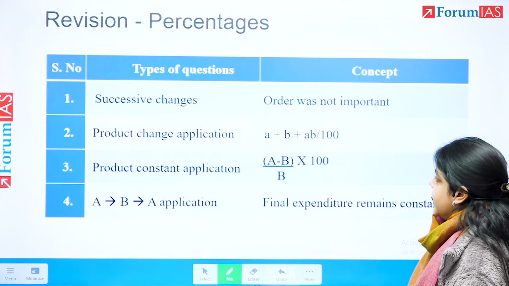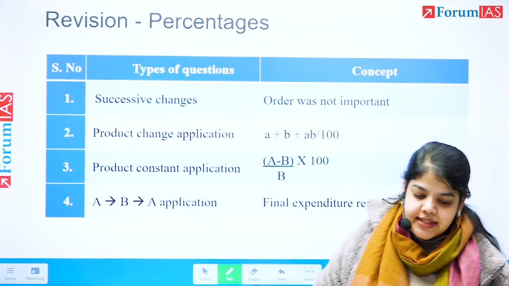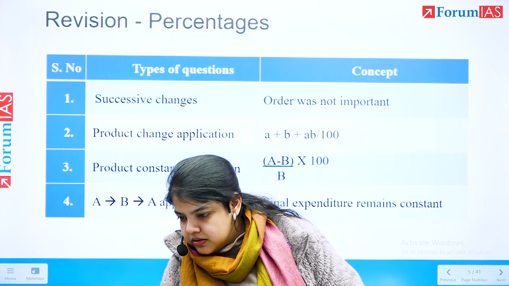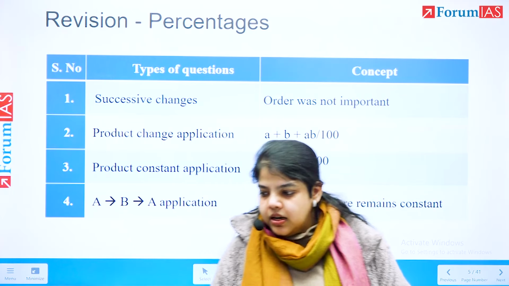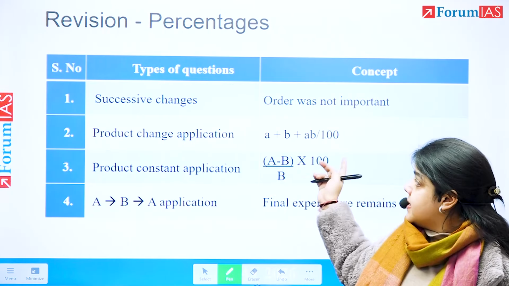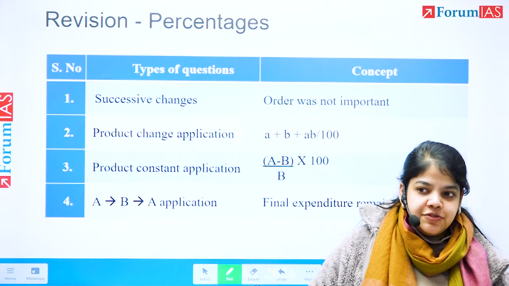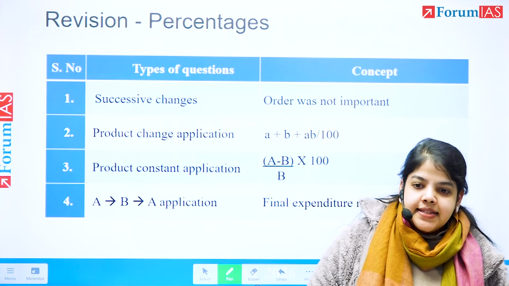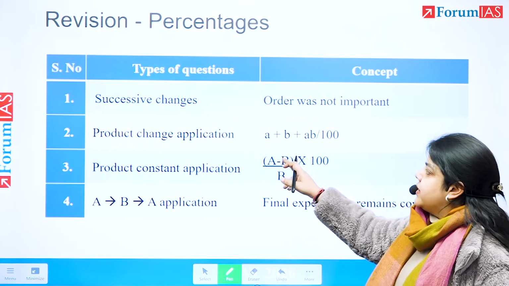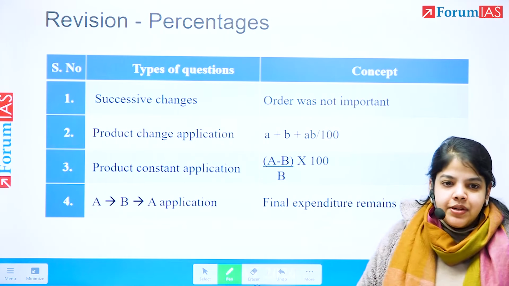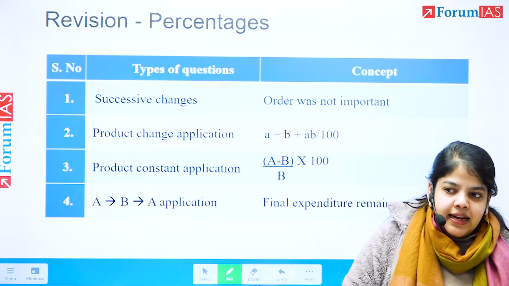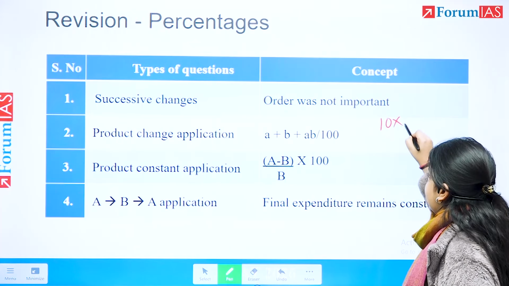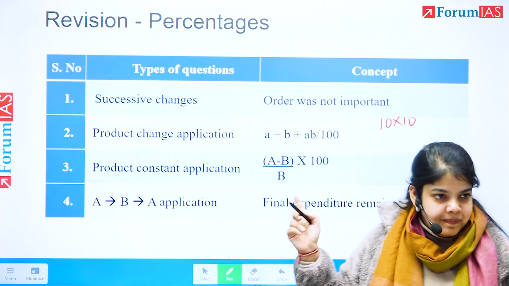Then we also said we did 4 kinds of questions. First was successive changes. In successive changes, the order was not important. We have done this already. Second thing we did was product change application. In product change application, let's say you have to maintain the product of 10 into 10.